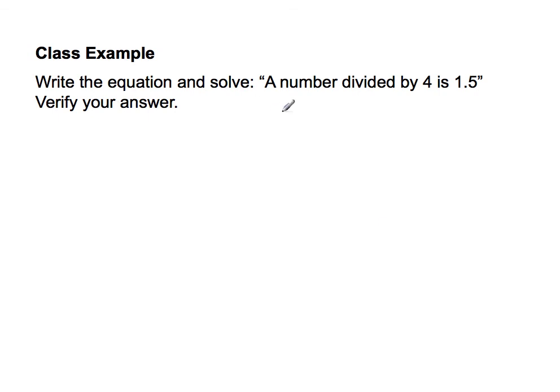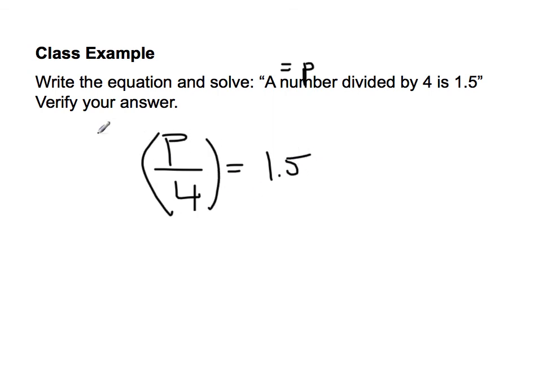Okay, so write the equation and solve. A number divided by 4 is 1.5. Again, it doesn't matter what variable you give it. I'm going to say it's p this time. So p divided by 4 is 1.5. I'm dividing, so to undo a division, I multiply. Whatever I do to one side, I do to the other.